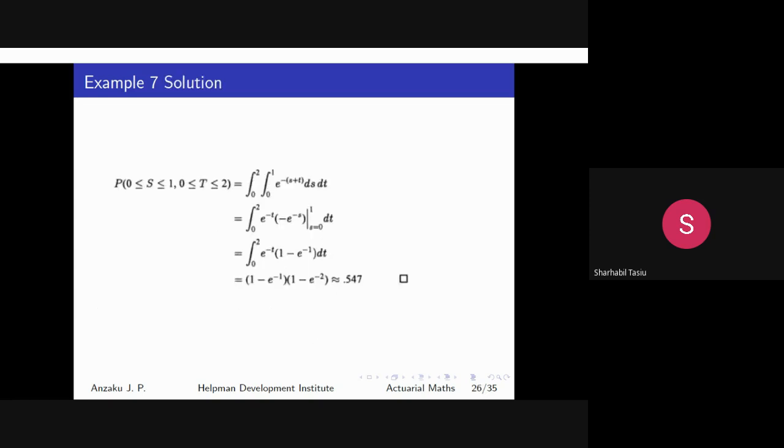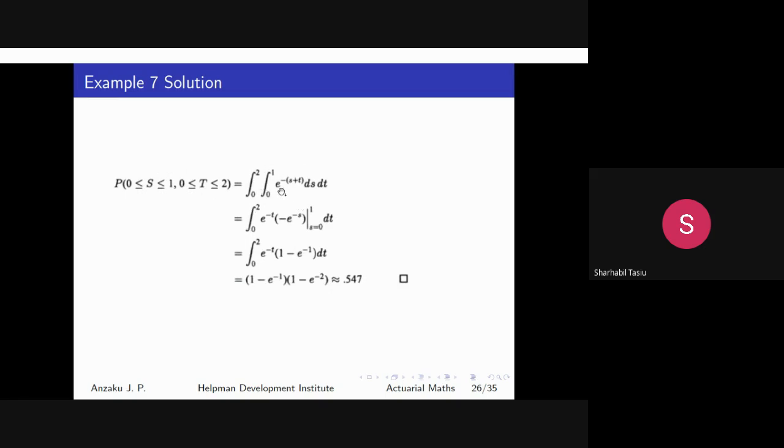Alright. So now we want to calculate jointly the probability that s lies between 0 and 1 and t lies between 0 and 2. So here we're integrating over the interval. For s we have 0 to 1, and for t we have 0 to 2.